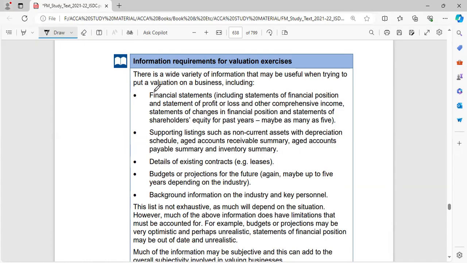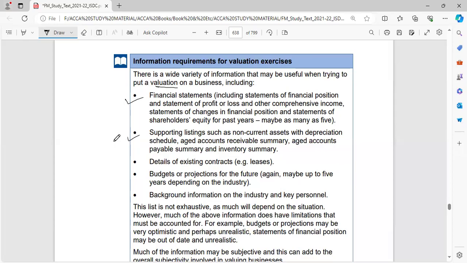Whenever we want to acquire a company, we will definitely calculate the valuation of that business. And to calculate the value of a business, we have different types of information. The most prior information is financial statements. First of all, we will look at the financial statements of the company.